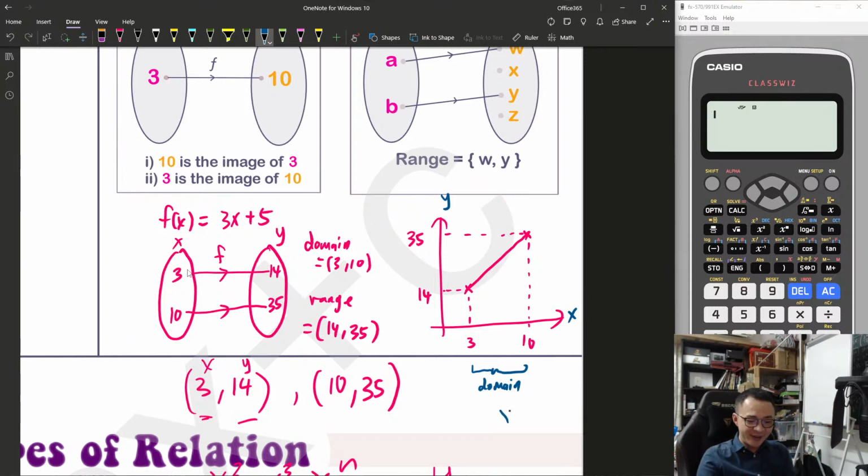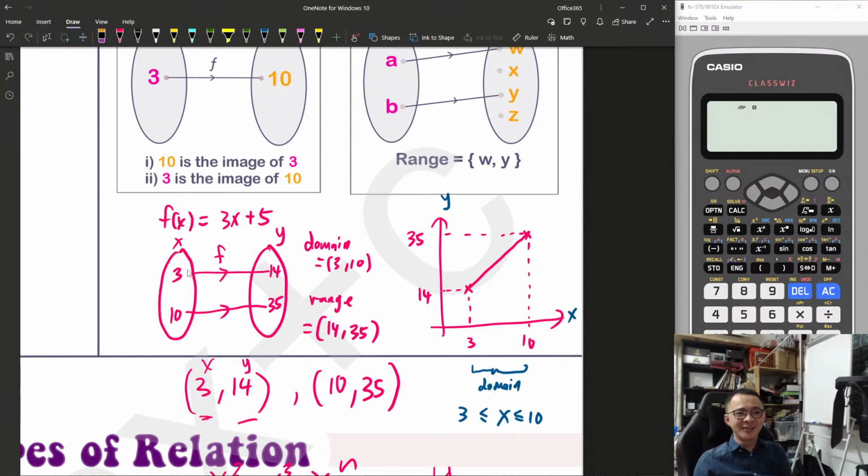You can see my domain is between 3 to 10. Some students might say, sir, why can't I do 3 to 20? Because right now, from what I can see, the x actually stops at 10. If you want to go to 20, your line needs to extend to 20, isn't it? But from my graph, my x is only 3 to 10.